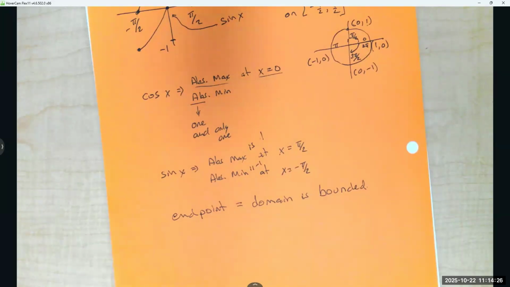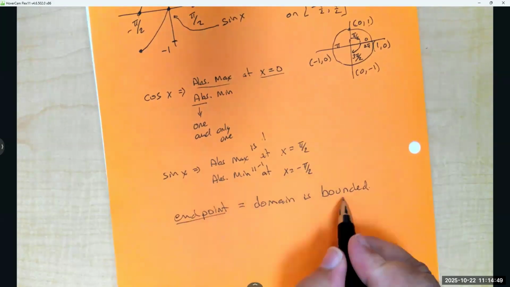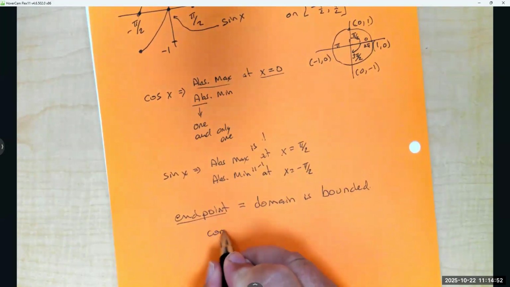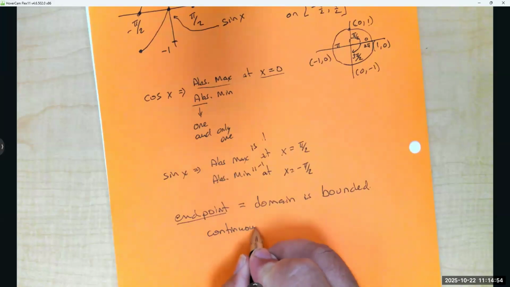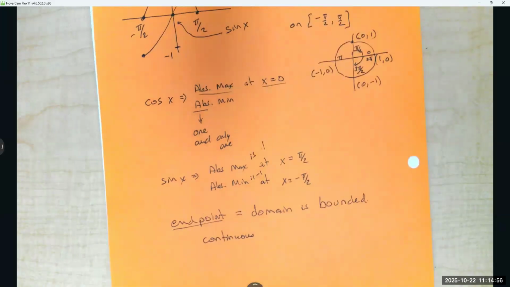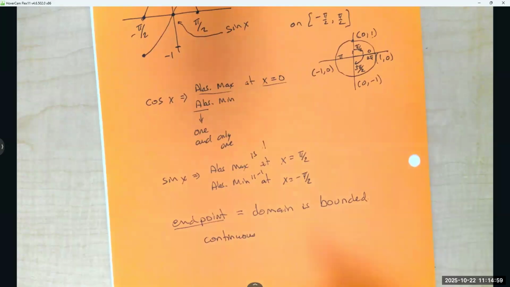We'll talk about this in a second, why it's important. But your domain, you have to have beginning and endpoints. What else has to be important in there? The endpoints have to be defined, it's bounded. The function, all these functions we talked about so far have to be continuous. Think about it.